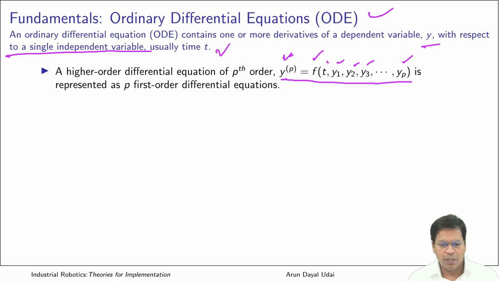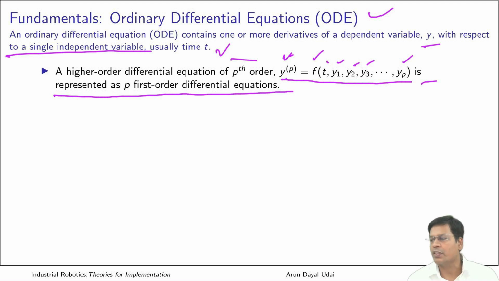A higher order differential equation of pth order can now be represented as p first order differential equations. There is a reason why we are converting this higher order differential equation to a set of first order differential equations. If the highest order is yp, that is pth order, then p first order differential equations will be formed.